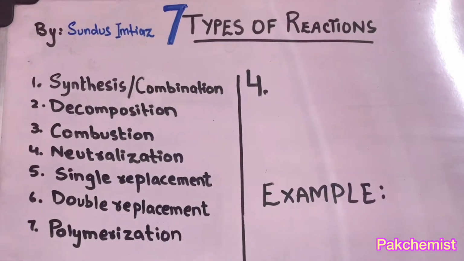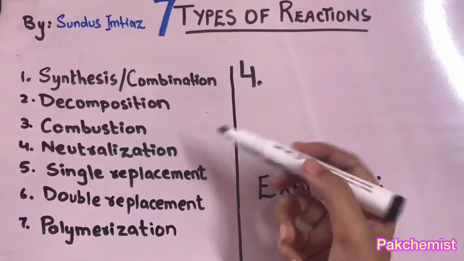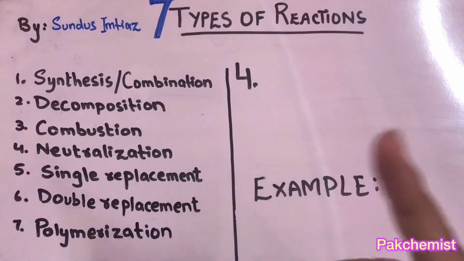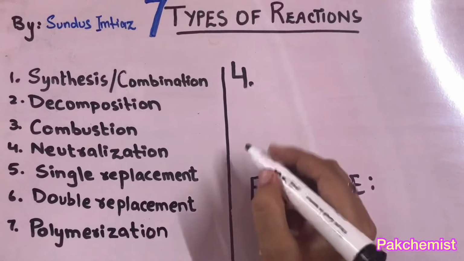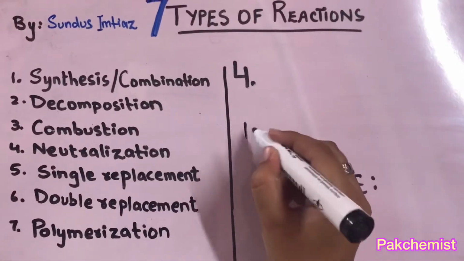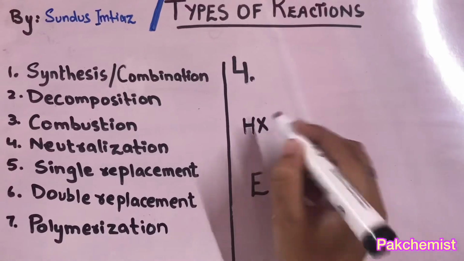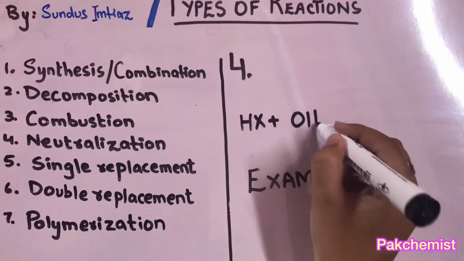Now the fourth reaction is a neutralization reaction. In a neutralization reaction, a strong acid will react with a strong base and it will form a salt plus a water molecule. Let me give you a general reaction. We know that a strong acid contains an H plus ion and a strong base contains an OH ion.